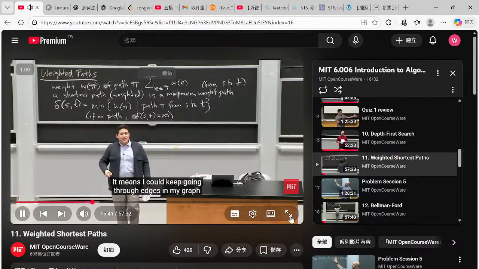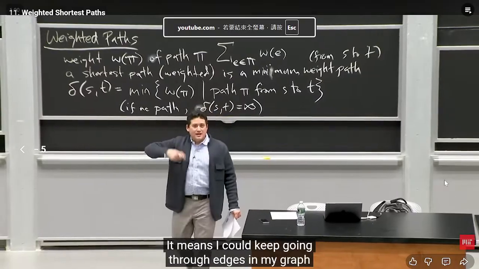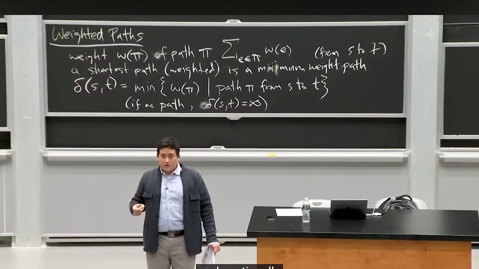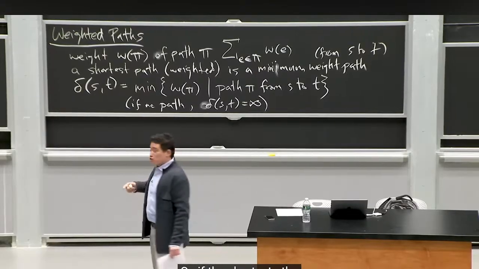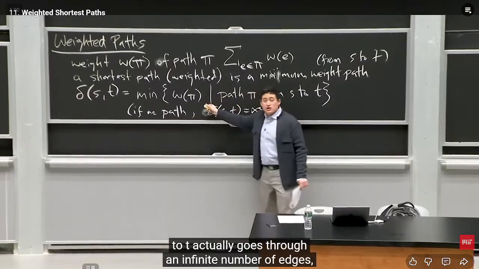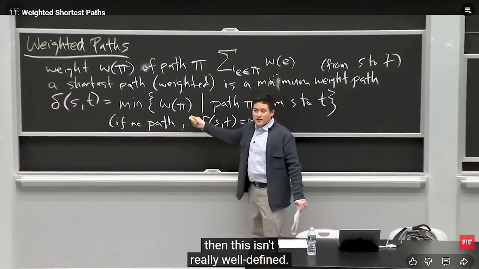in my graph and continually getting a shorter path, right? So if the minimum weight of a path from S to T actually goes through an infinite number of edges, then this isn't really well defined, right?